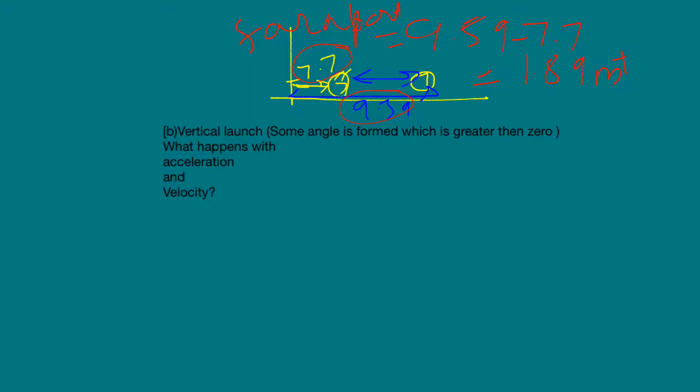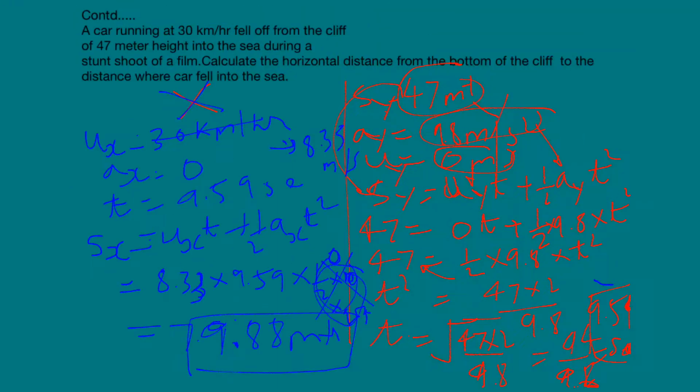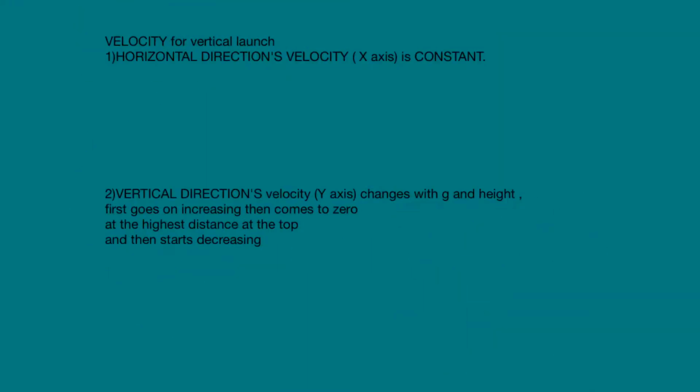Now we have to consider what happens in the vertical launch. If some angle is formed which is greater than 0, then what will happen to the acceleration and velocity? Here it is very important. We should understand that. So the velocity in the horizontal direction is constant. What it means is, see, if a ball is thrown upward like this, the ball will move like this and come down here.